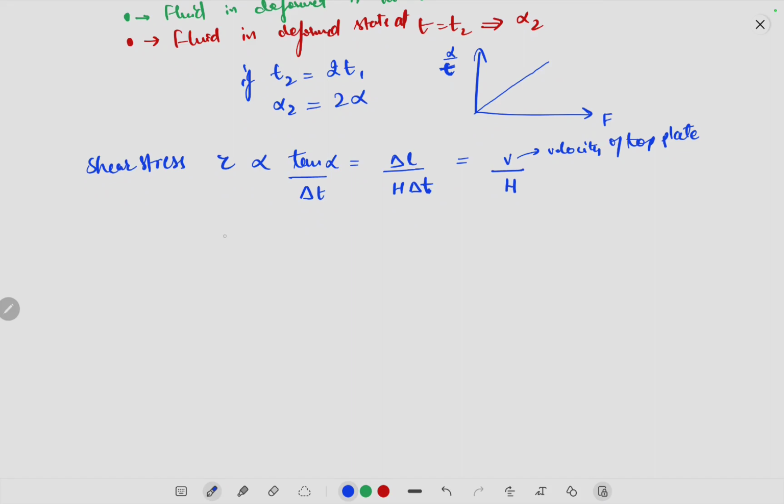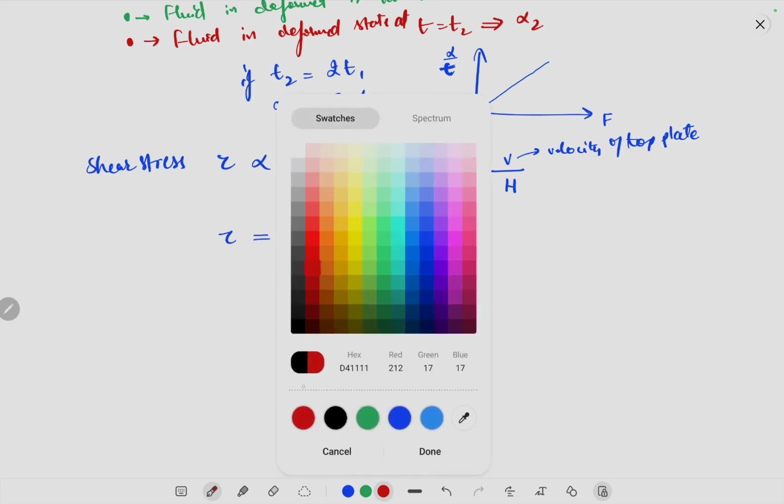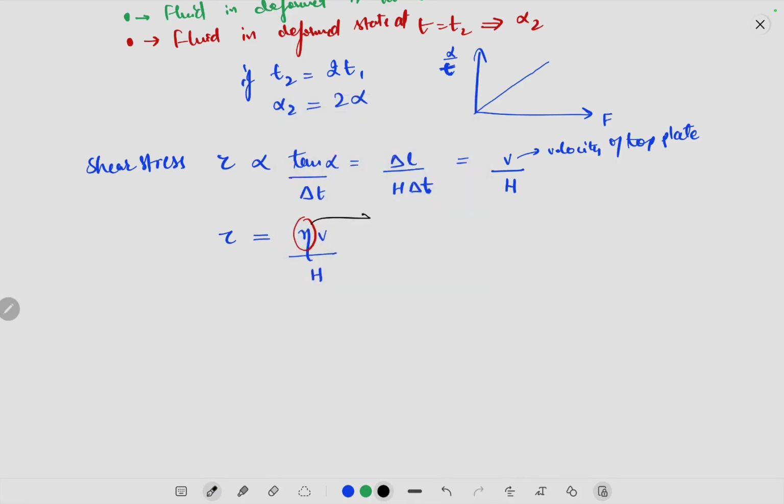So if I remove this proportionality constant, I would get tau equal to eta times v by h, with this eta known as the dynamic viscosity or absolute viscosity, or simply the viscosity of the fluid.